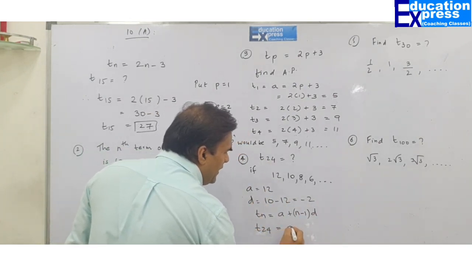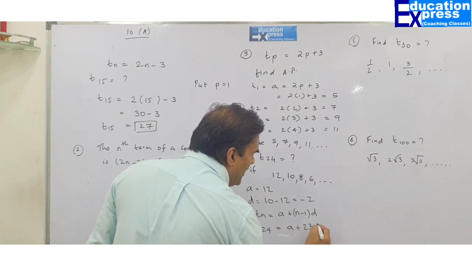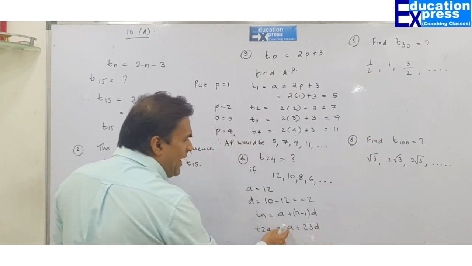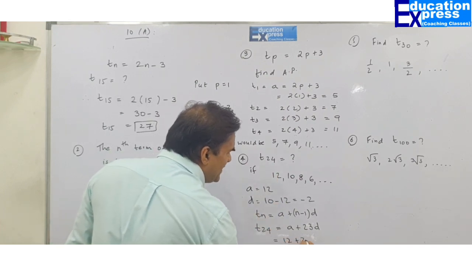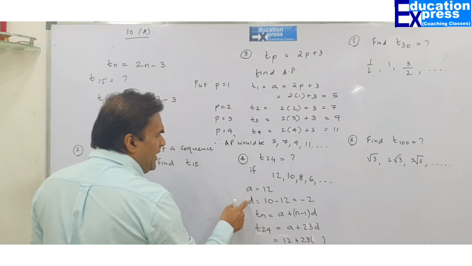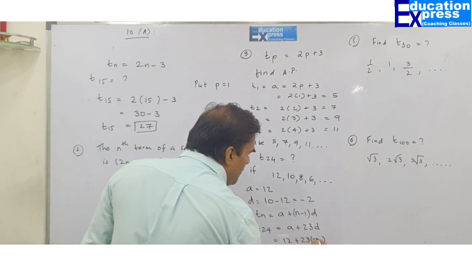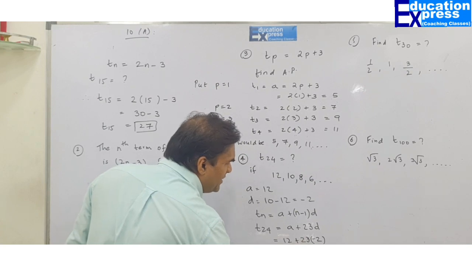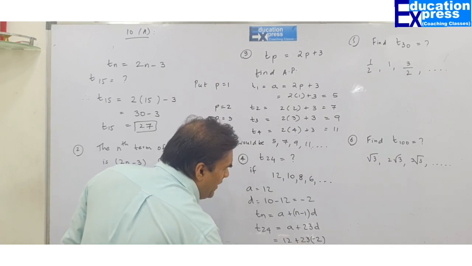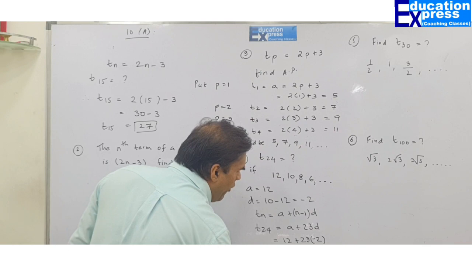24th term would be A plus 23D. Can we substitute the values of A and D? Of course, sir. 12 plus 23 multiplied by D. What is the value of D? Minus 2. So what do you get? Sir, 12 minus 46. That would be minus 34.